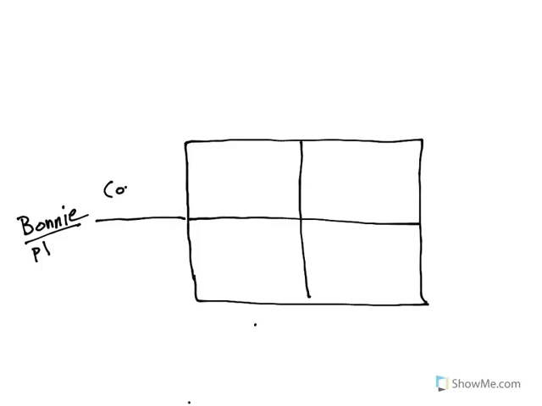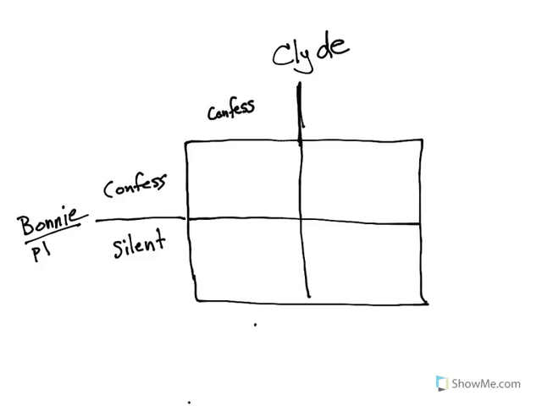She can confess or stay silent. Our player 2 is Clyde, and each of these columns represents his 2 strategies. He can confess, or he can stay silent. So in this case, they both happen to have the same strategies. That's not always going to be the case, but these are their 2 strategies.